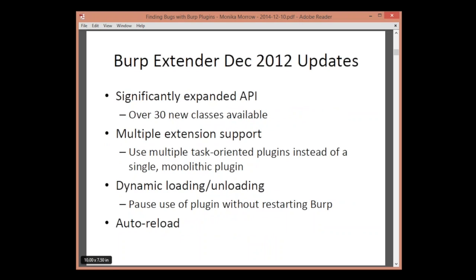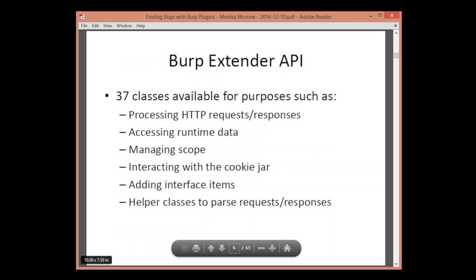We got dynamic loading and unloading of plugins, auto reload, so you didn't have to run them every time or have a bat file or a script to launch them for you when you wanted to use them. So there's 37 classes available. You can do tons of different things. Processing HTTP request responses is obvious, but you can interact with the cookie jar. You can do other things as well.